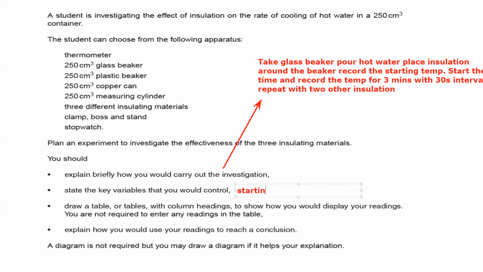Surface area of container. Yeah, surface area, or you can also mention take the same type of container throughout the experiment. Same container or same surface area should be there for all the experiments. And the volume of the liquid or volume of the water.